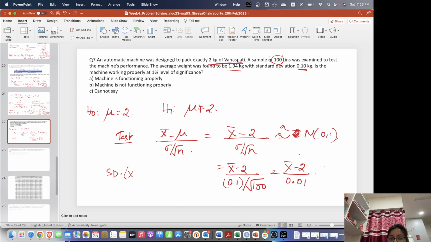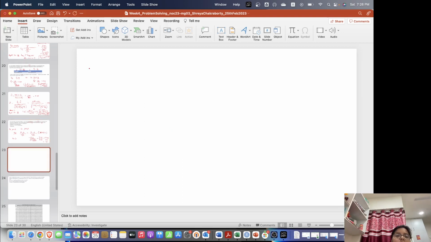So we have here 1.94 minus 2 by 0.01, so this is minus 6. What we are doing here is, reject H naught if and only if Z observed is greater than Z alpha by 2, or 1.96.